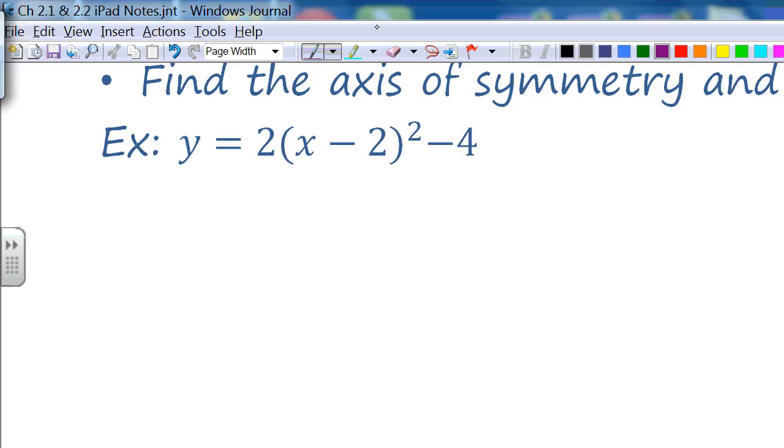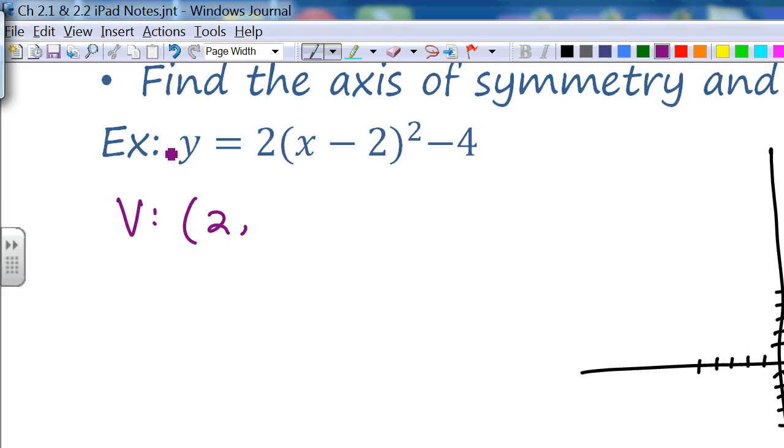So we're going to draw ourselves a set of axes and mark them off, 1, 2, 3, 4, 5 as a starting point. Now we're going to find our vertex, (2, -4), so I go 2 in the x direction and -4 in the y direction. That's my first point.